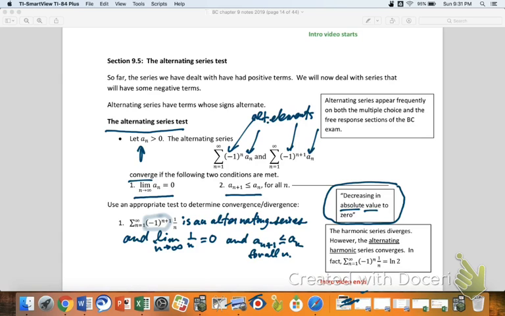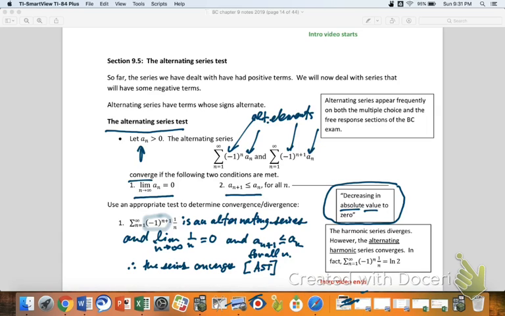There are a number of ways you could prove that, but all we really have to do here is recognize it and state it. Because the terms are decreasing in absolute value towards 0, we can say that the alternating series converges. Therefore, you could just say the series converges, and I would put AST for alternating series test.